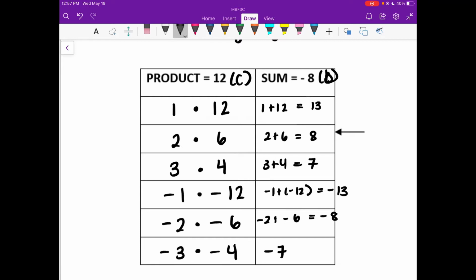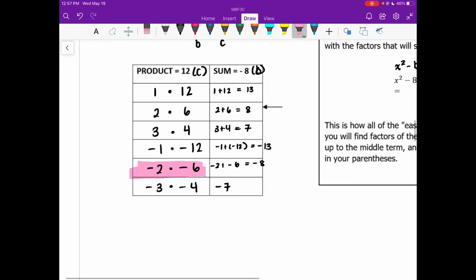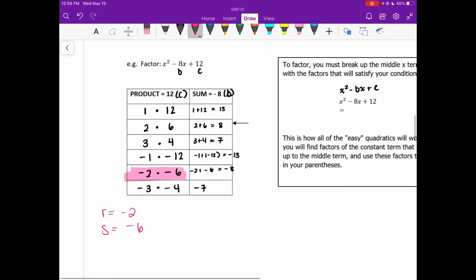So out of all of these, the two numbers that multiply to give me positive 12 and add to give me negative 8 are negative 2 and negative 6. So that means my r value must be negative 2 or negative 6. It doesn't matter which way you write this. And my s value must be the other one.